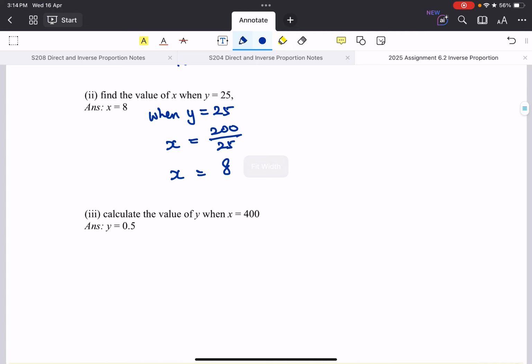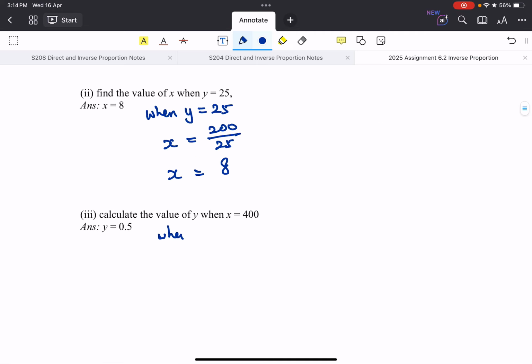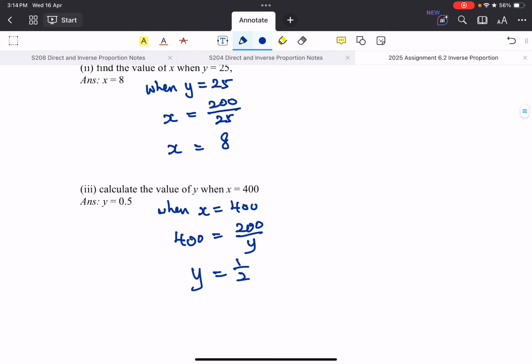There we go. And then when x is 400, 400 equals 200 over y, y is equal to half, or 0.5, which is acceptable.